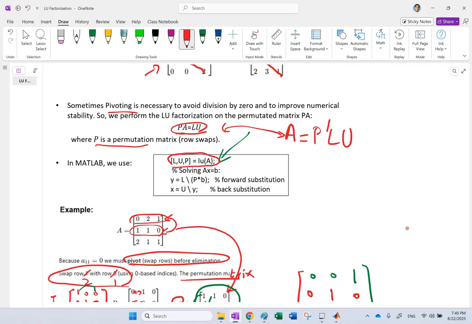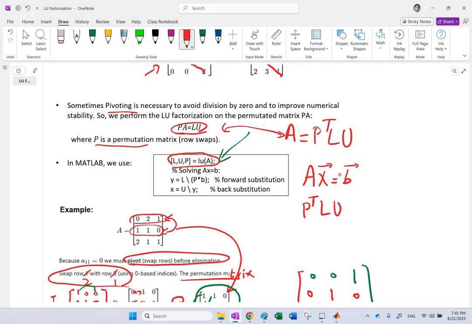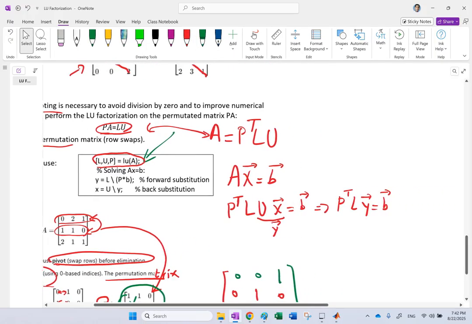Now, in this case, if I want to use this version to solve my equation A times X equal B, I'm going to replace that A. So it is going to be P transpose times L times U times X equals B. And again, I call U times X this guy Y. So you see that P transpose times L times Y equals B. And B is known, L is known, P is known.